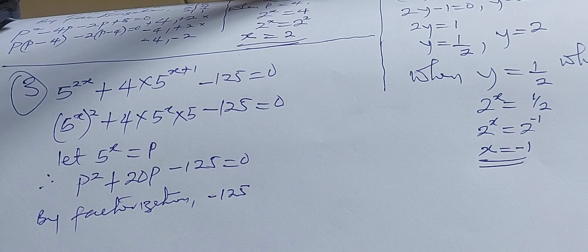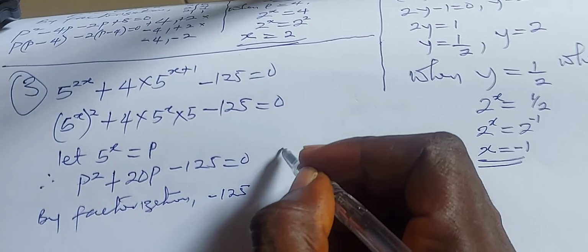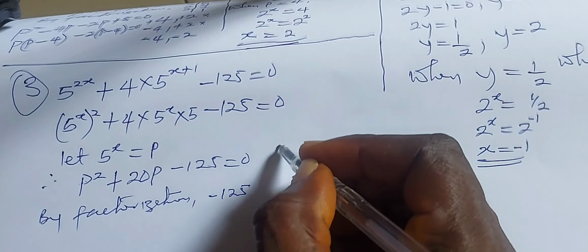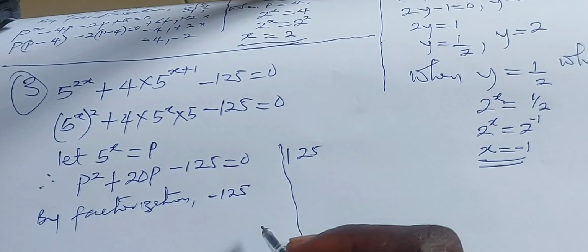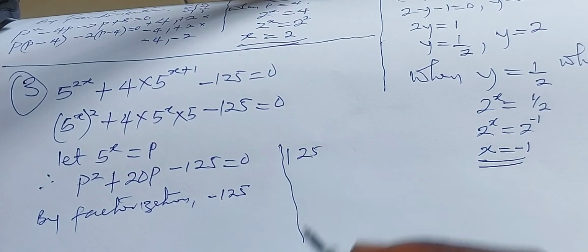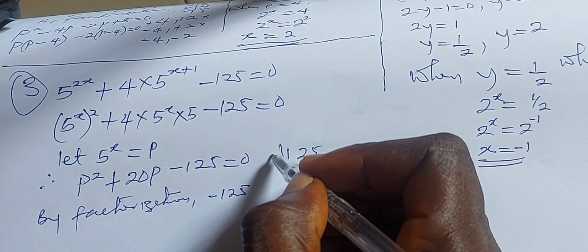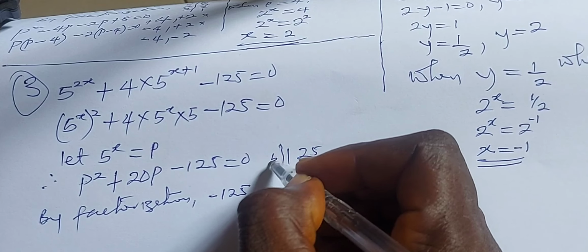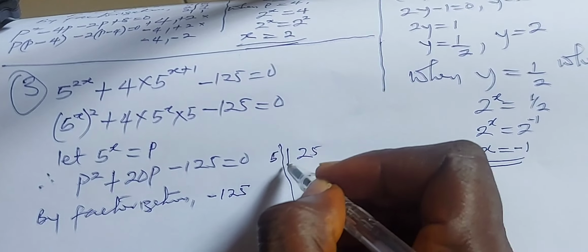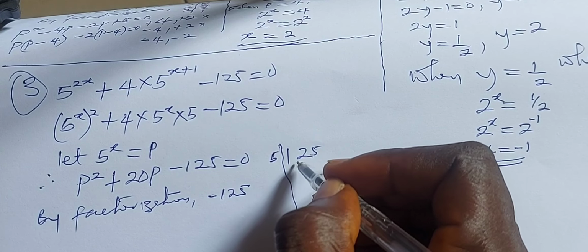So let's check if we can get the factors of 125. What can go into this? We have 5, 5, 5 into this.